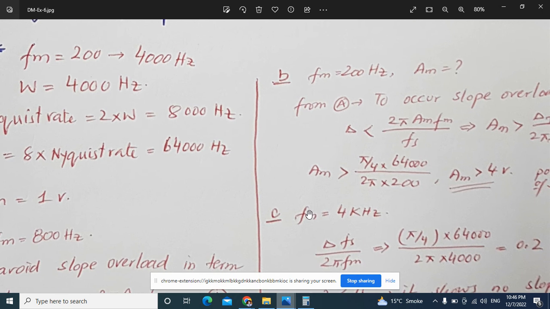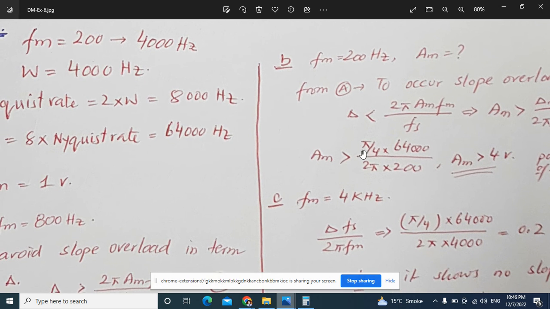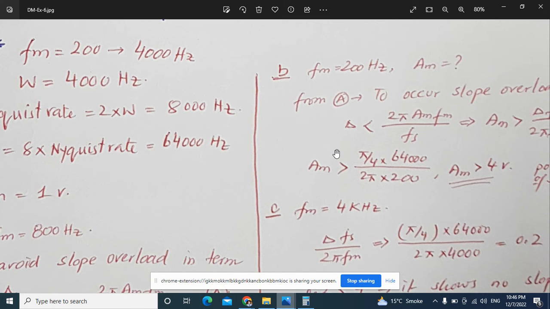For case B, you need to calculate the value of Am so that the slope overload occurs if the modulating frequency is 200 Hertz. We already know that for slope overload to occur, delta is less than 2 pi Am fm divided by fs.